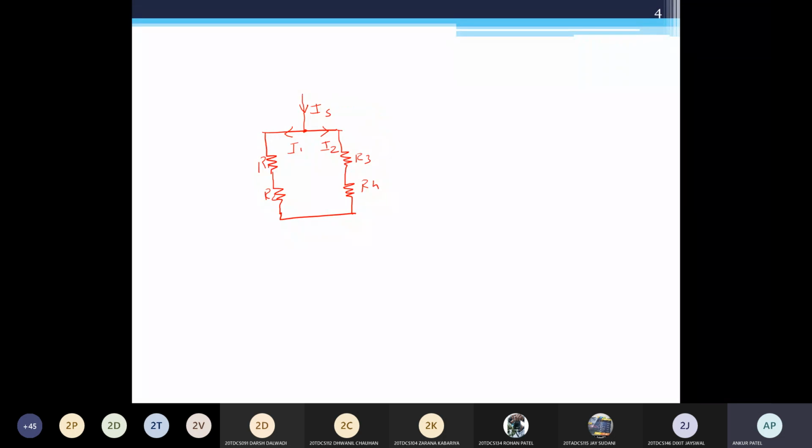Suppose I want to apply KCL, then what will be the equation? IS equals I1 plus I2. IS is the incoming current, I1 is outgoing, and I2 is also outgoing. So IS is equal to I1 plus I2.